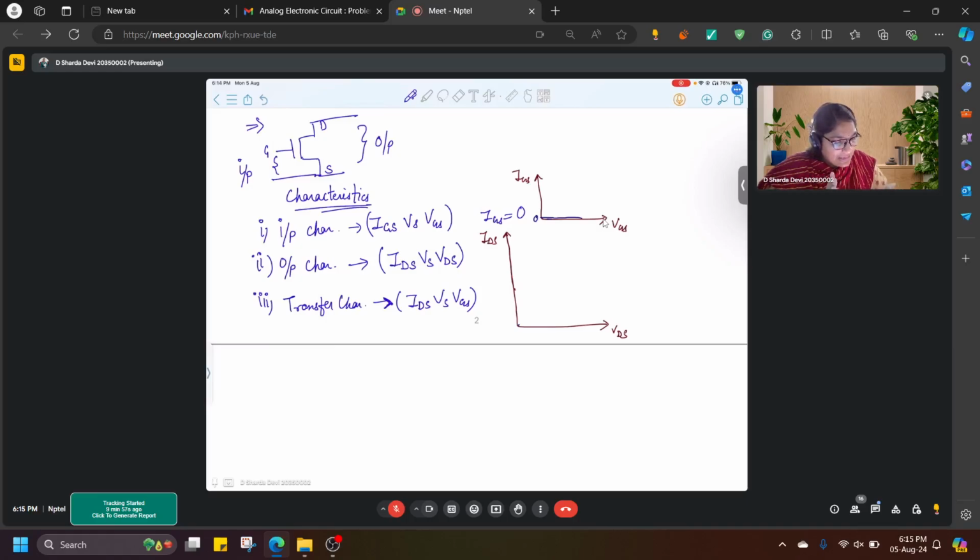So this is for VGS greater than VTH, right? So here what happens? Slowly the current starts rising and at the end it saturates. So in this particular straight line region it behaves linearly.